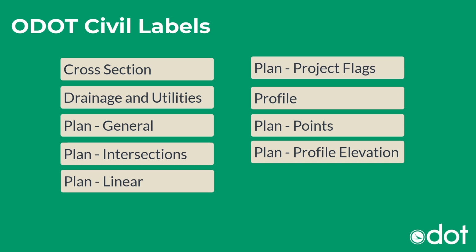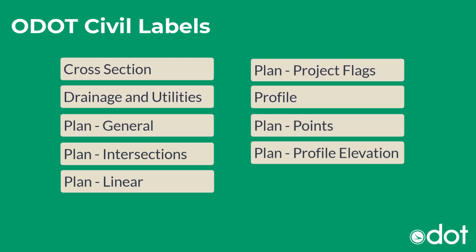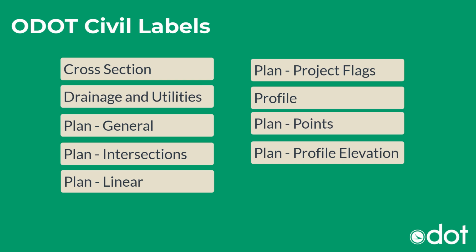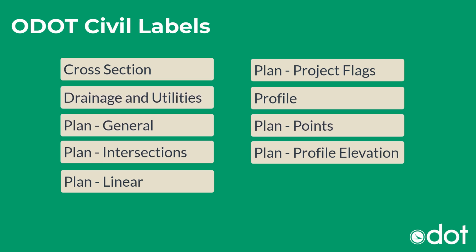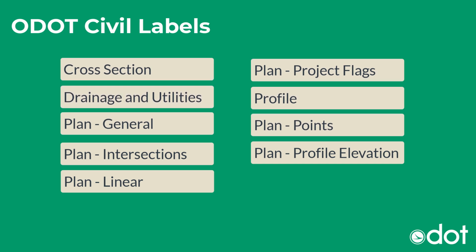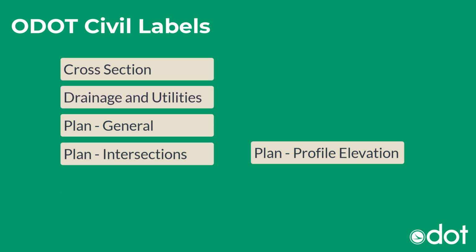We have our plan intersection annotations and plan linear, plan project flags, and we also have some profile annotations as well. And then we have the points and profile elevations. We'll go over some of that later on within the demo of Civil Labeler.